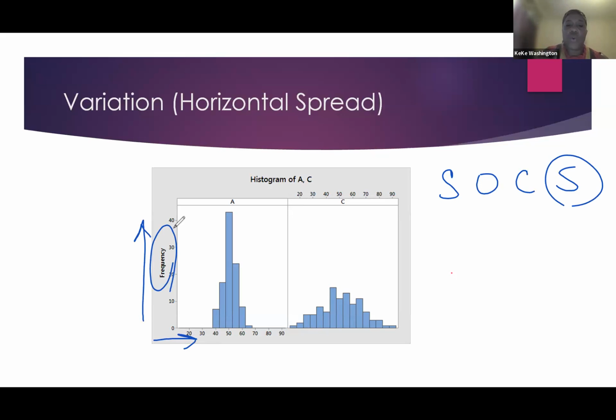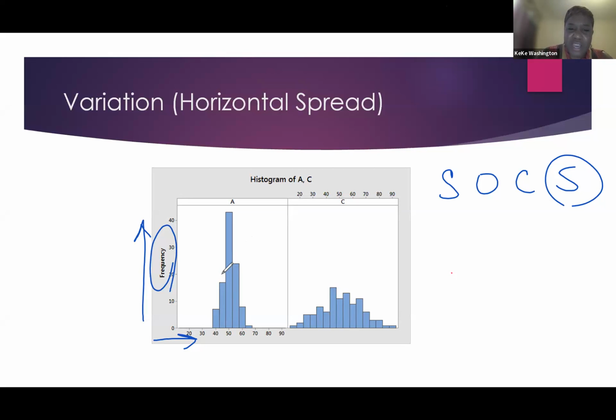All right, so which one of these, A or C, has the greater spread? I don't have a two-option poll for this one, so let's just talk about it. When we're dealing with spread, we're trying to figure out, where's the majority of my data located? Is it located in the center?